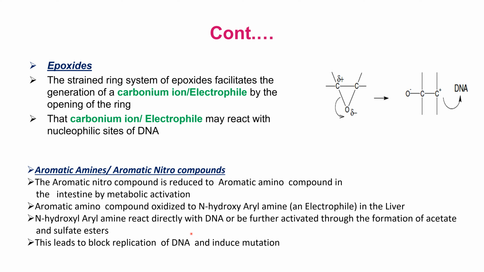N-hydroxyarylamine reacts directly with DNA or is further activated through the formation of acetate or sulfate esters. This leads to blocked replication of DNA and induces mutation. That is the reason aromatic amines and aromatic nitro compounds may act as genotoxic chemicals.